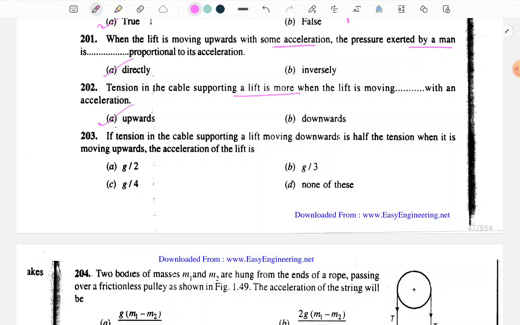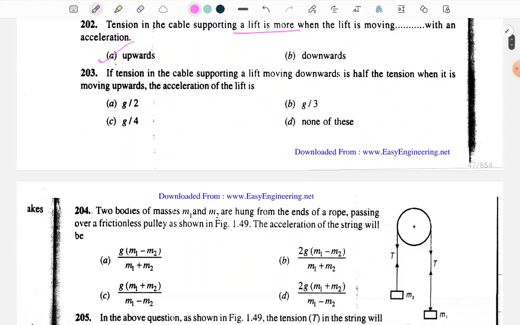When you pull the bucket upward, the tension will be more in that rope. The tension in the cable supporting a lift moving downwards is half the tension when it is moving upward. The acceleration of the lift is?